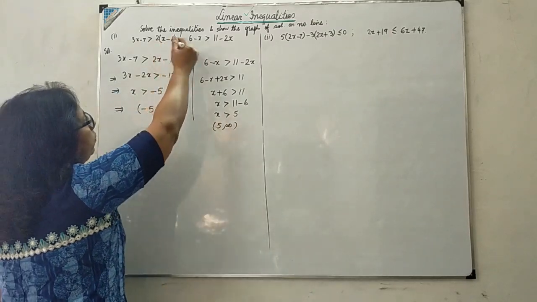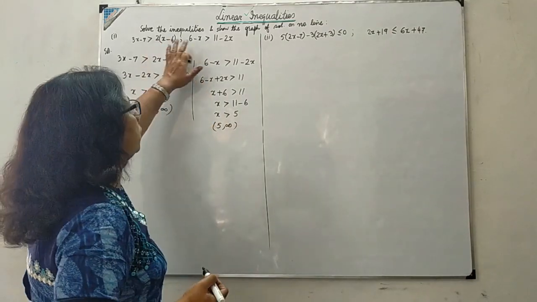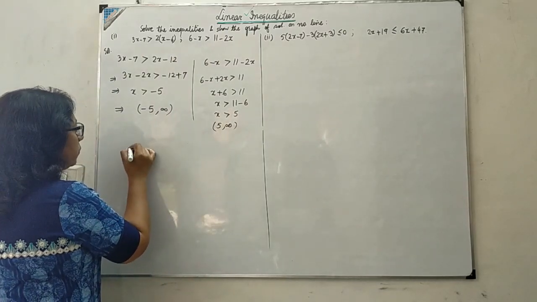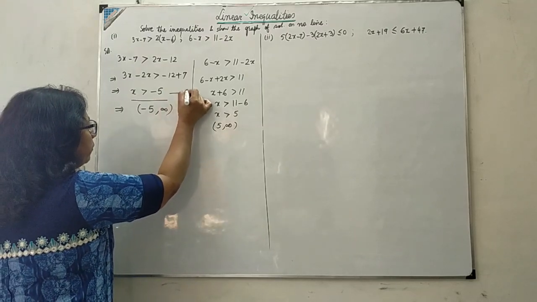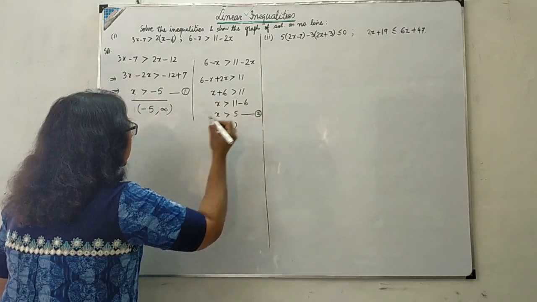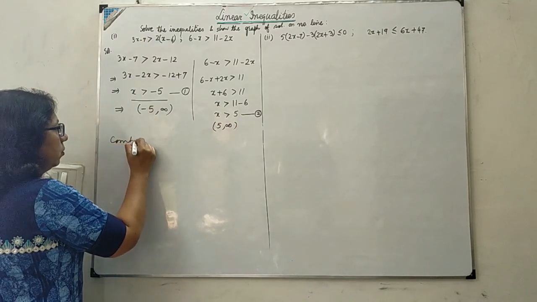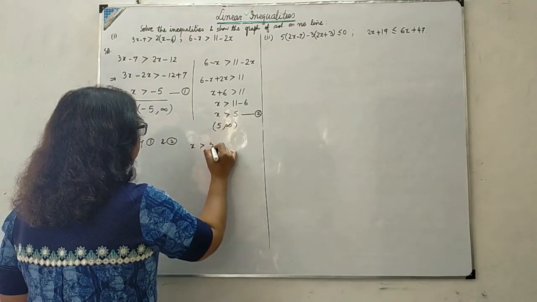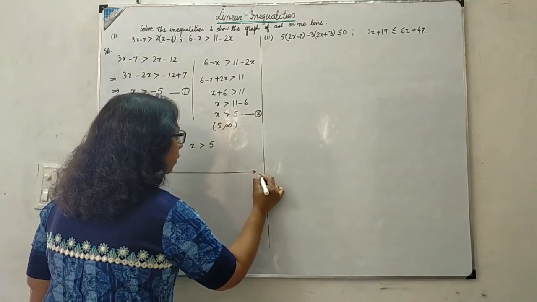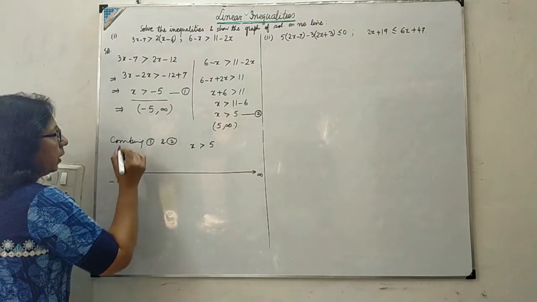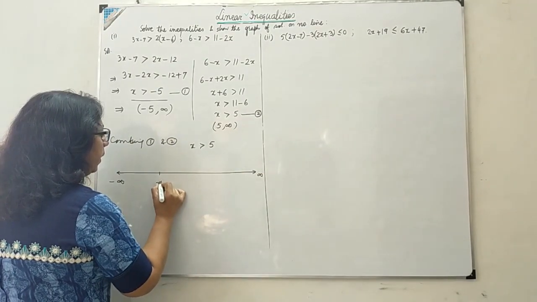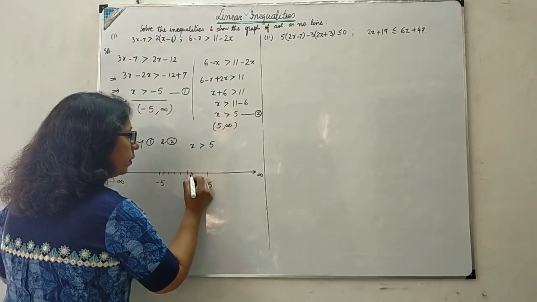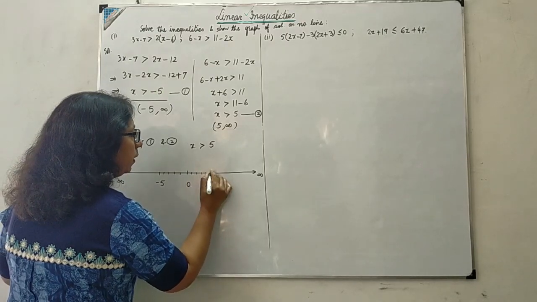Now, I have told you when we have compound inequalities, two or more inequalities, then we will have this "and". To solve this, we take x greater than minus 5 as number 1 and x greater than 5 as number 2. Combining 1 and 2, we get x greater than 5. I can show it on the number line for more clarity. Minus 5, 0, 5, minus 1, minus 2, minus 3, minus 4, 0, 1, 2, 3, 4 and 5.